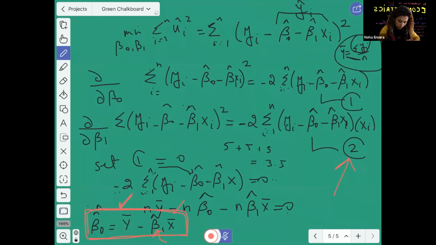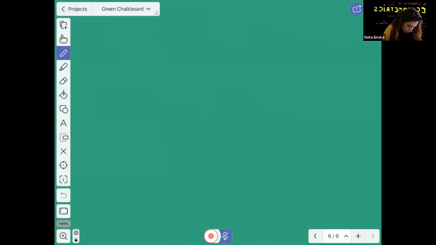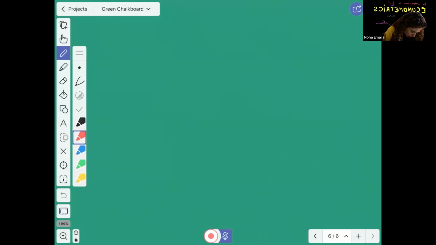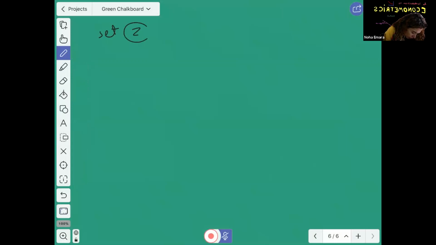So let's set equation 2 equal to 0 and solve for beta 1. I need to solve for beta 1 after setting this equation equal to 0.